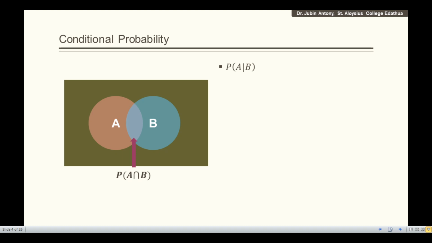When we define the conditional probability of A given B, we need to find the probability of occurrence of A after B has happened.